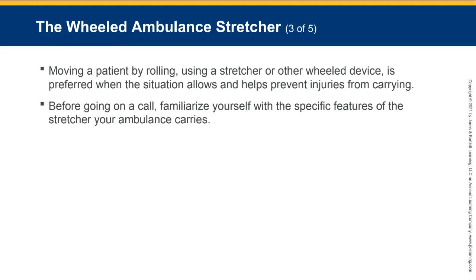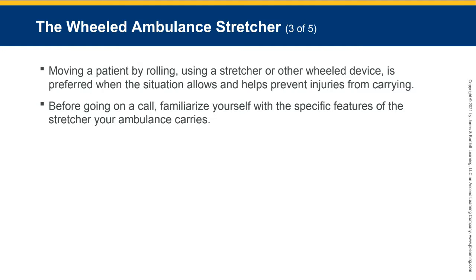And we are going to look further at team dynamics. You must know how you and your partner work together as a team to operate the equipment, because a wheeled ambulance stretcher is a two-person operation. One person cannot, or should not, operate the stretcher once a patient is involved.